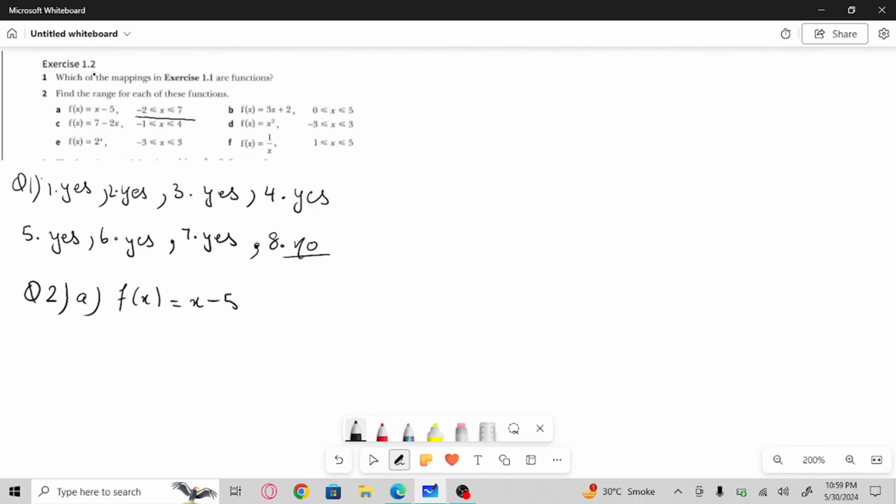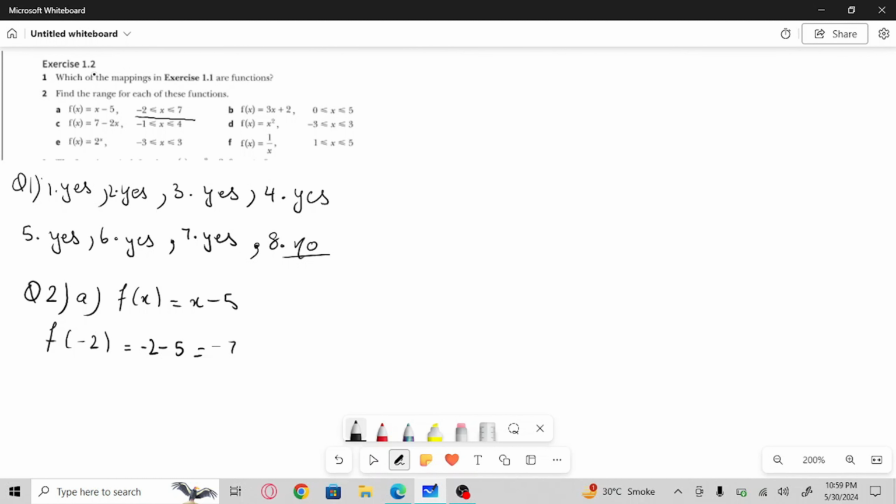So this is an easy question because for the range we are just going to input the minimum value, -2, instead of x, and -2 minus 5 is equal to -7. So what did I do here?